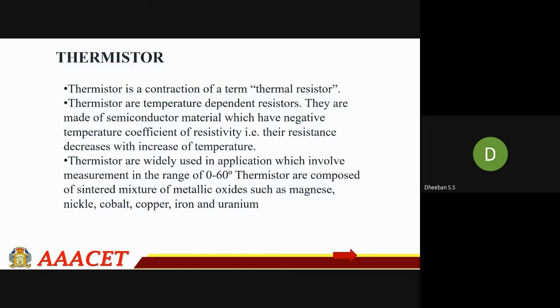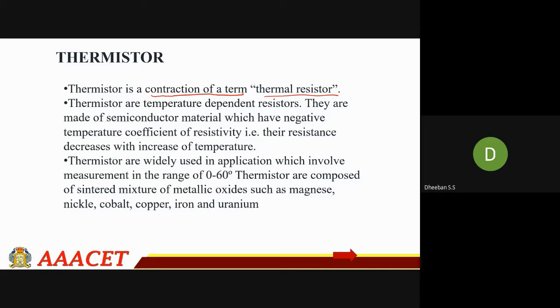Coming to the thermistor, thermistor and thermal resistor are nearly the same, but the thermistor is a contraction of the term thermal resistor. Thermistors are temperature dependent resistors.